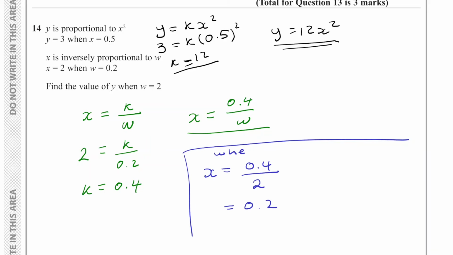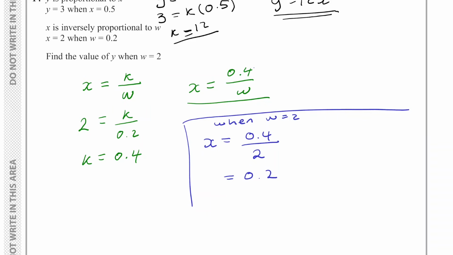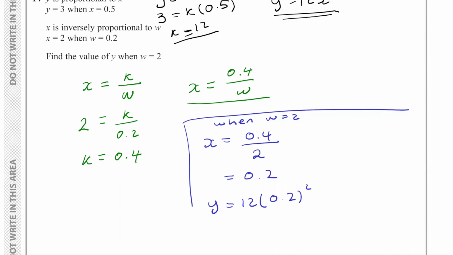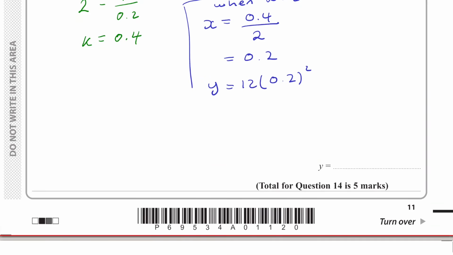So when w equals 2, x is 0.2, and then we put that into our top formula. Y is 12 times 0.2 squared. 12 times 0.2 squared is 12 25ths, or 0.48. So that's our answer.